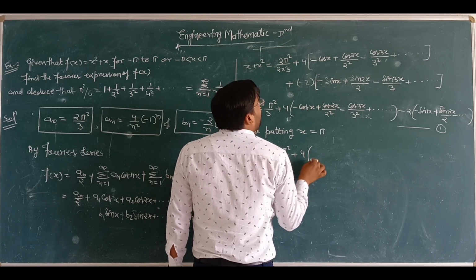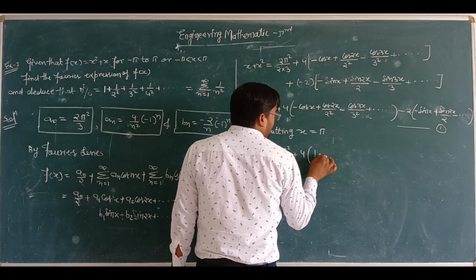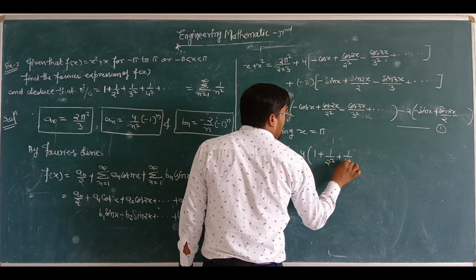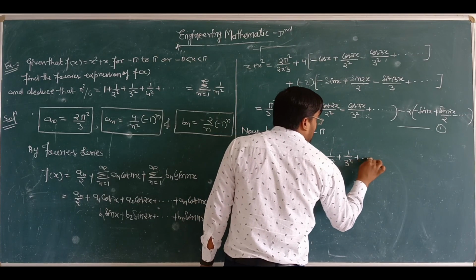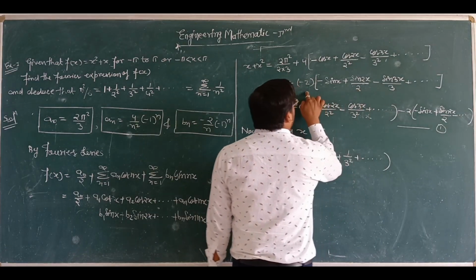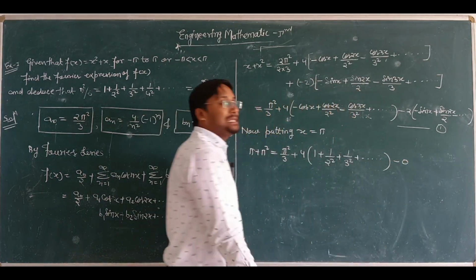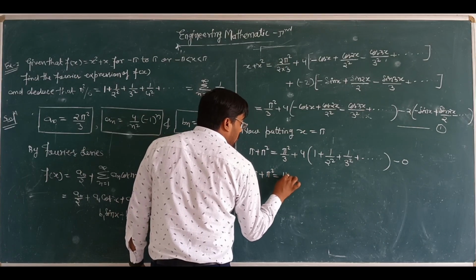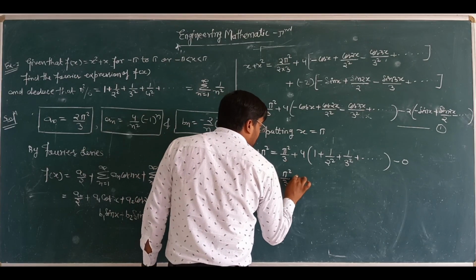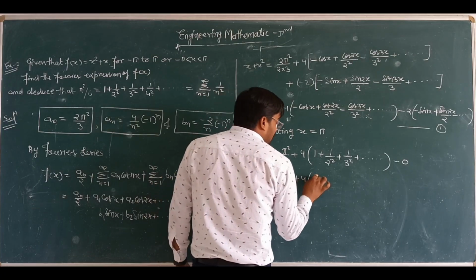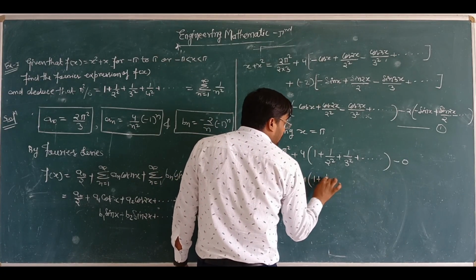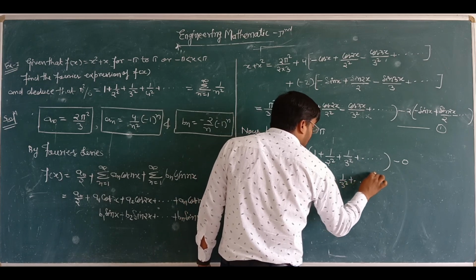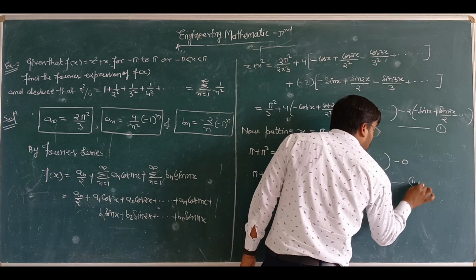This is 1, 1 plus 1 by 2 to the power 2 plus 1 by 3 to the power 2 plus dot dot dot, and the value of this sine function is 0. Now you can write pi plus pi square is equal to pi square by 3 plus 4 bracket 1 plus 1 by 2 to the power 2 plus 1 by 3 to the power 2 plus dot dot dot. This is equation number 2.